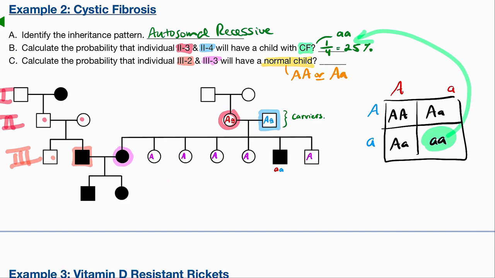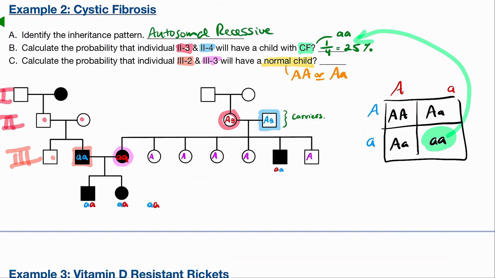And by normal, we just mean they don't have cystic fibrosis. Well, this is going to be an easy question, I think, because this parent here is shaded in. It's autosomal recessive, which means all the shaded have to have little a's, which means all they have is little a. It doesn't matter how many kids they have, the parents only have little a's.